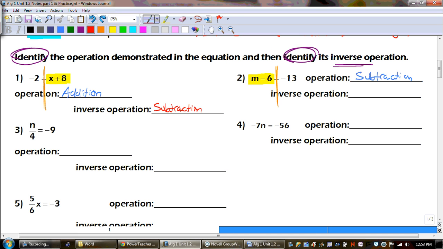Well, no, it's subtraction, and the inverse of subtraction is addition. Next one, we draw our line down the middle. There's our variable. What operation is that? The fraction bar is division, and the inverse of division is, that's right, multiplication.